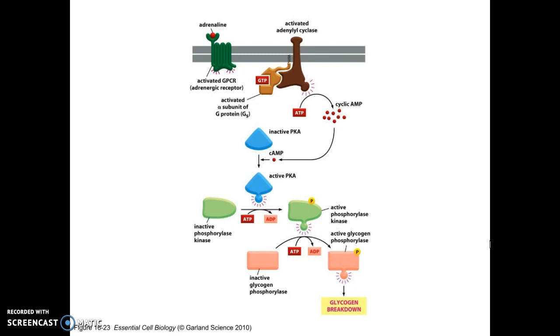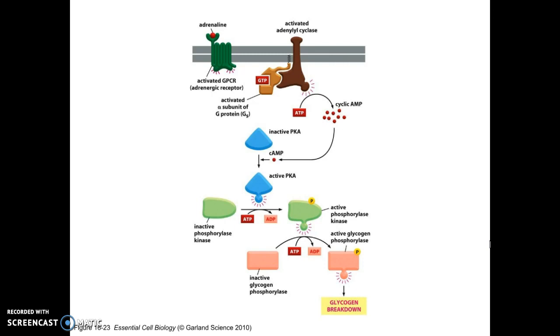Since PKA stands for protein kinase A, well, we know what the downstream work it's going to be doing is: it's going to be phosphorylating stuff. So it could phosphorylate the phosphorylase kinase in this example, and phosphorylase kinase is going to be able to then phosphorylate other things like the inactive glycogen phosphorylase.